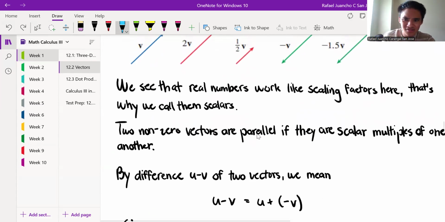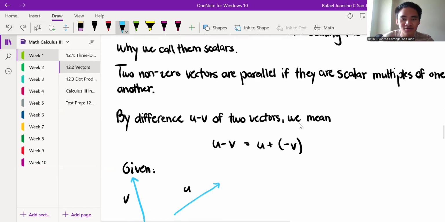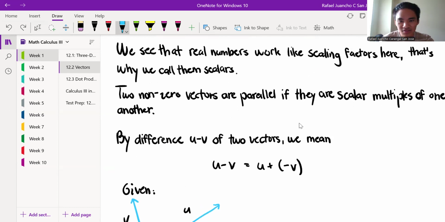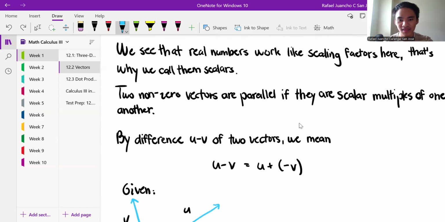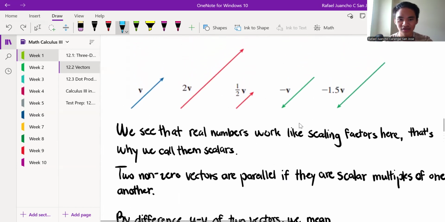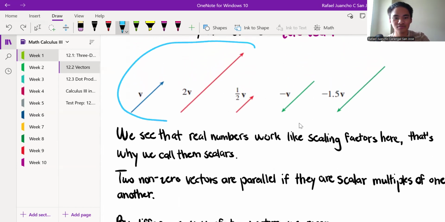And then yeah, we have a negative 1.5. So here we see that real numbers work like scaling factors. That's why we call them scalars. Exactly what we mentioned, we're factoring something by a real number. Two non-zero vectors are parallel if they are scalar multiples of one another. And we kind of show that here. This is a scalar multiple of one another.